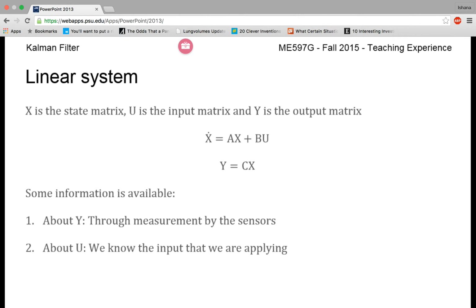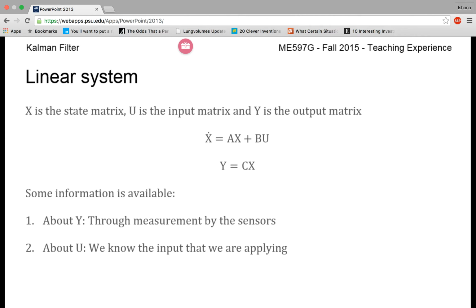To begin with, let us just talk about the state space model of a linear system, which is given by x dot equals Ax plus Bu, which is the state equation, and the output equation, which is y equals Cx. Here x is the state, u is the input, and y is the output.